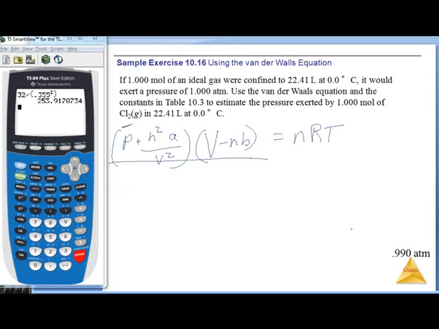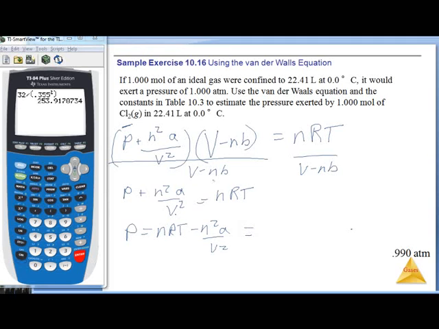So I'm going to divide both sides by V minus nb, and I end up with P plus n²a over V² is nRT over (V − nb), and if I want to solve for P, I'm going to subtract this from this side. I end up with P = nRT/(V − nb) − n²a/V². And now it's just a matter of plugging the information in.